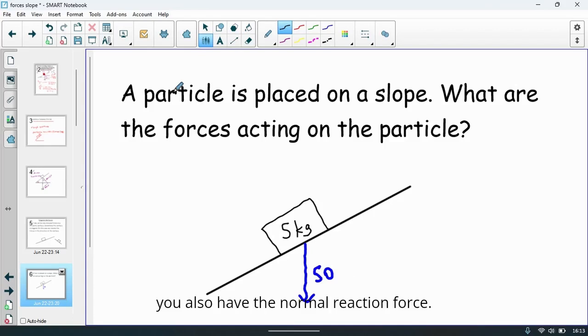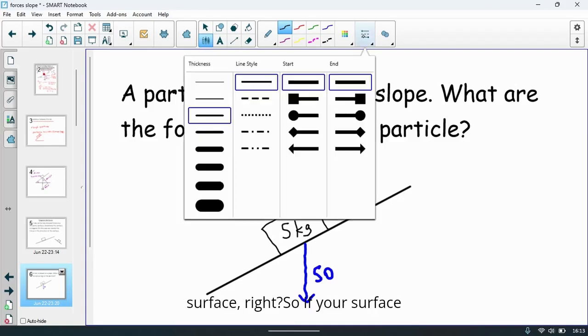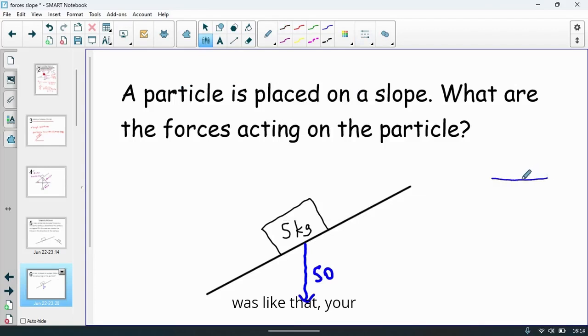And you also have the normal reaction force. Now remember, the normal reaction is always at a right angle to the surface. So if your surface was like that, your normal force would be like that, at a right angle. Now our surface is diagonal, so if we want a right angle force, we are looking at this direction.